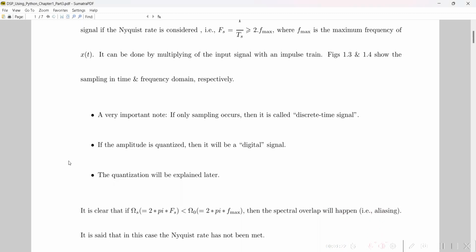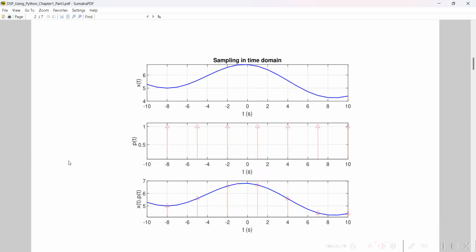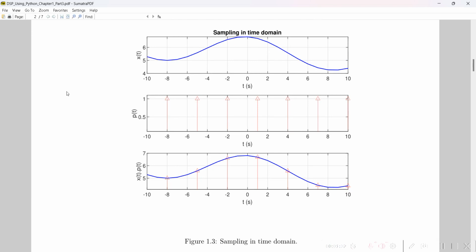So let's go through the figures because they carry very important information. A continuous time signal, say x of t, is what appears in subplot 1, in blue color. We multiply x of t by an impulse train, with similar distances called Ts, the sampling time.